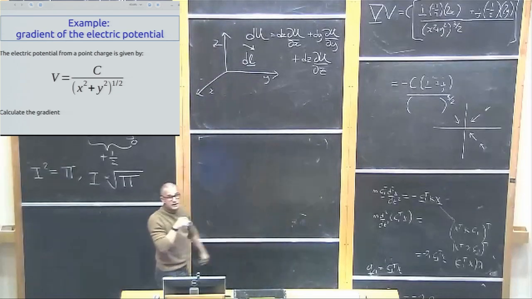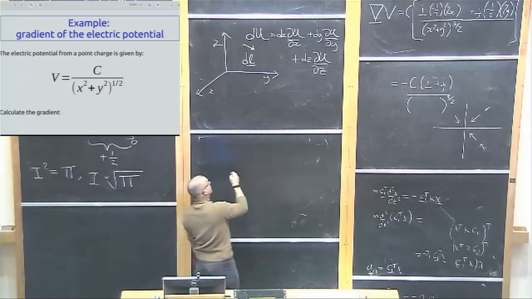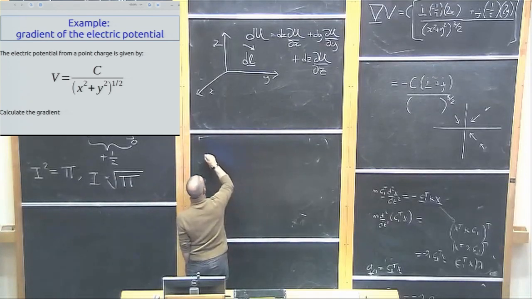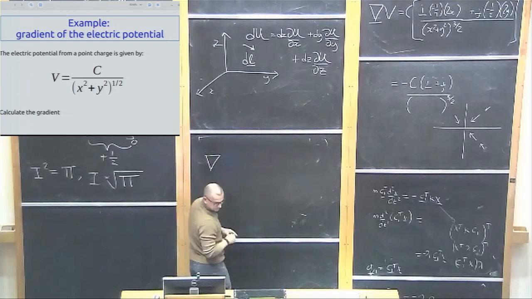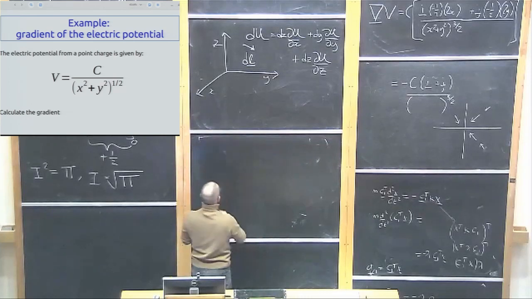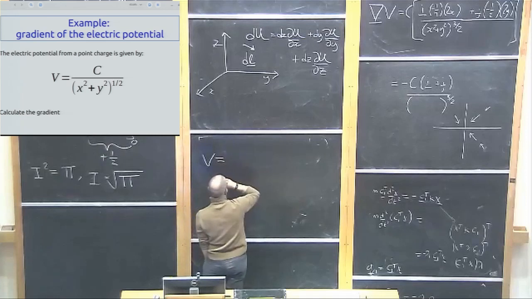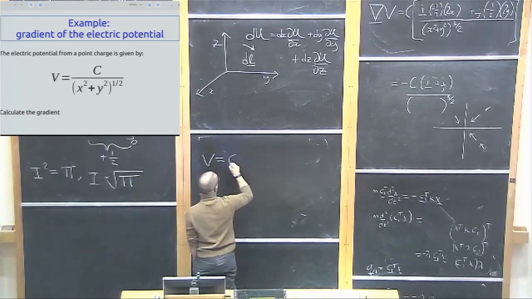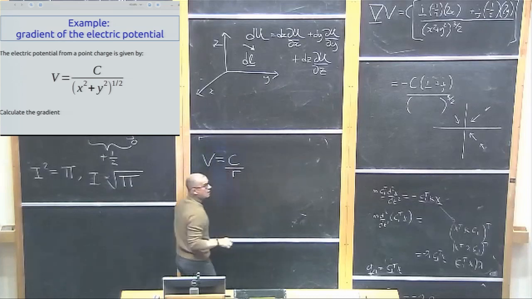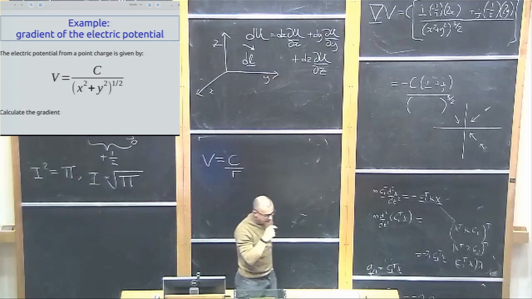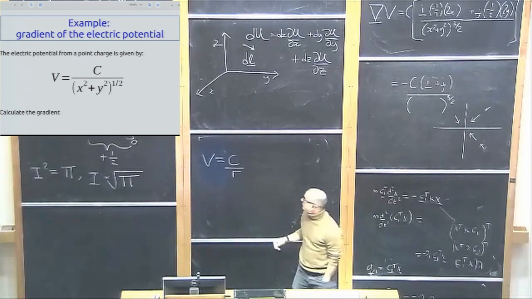Now, you can also more simply calculate the electric field by doing the following. You can say, okay, I'm going to represent the electric potential as some constant over R. If I then just differentiate with respect to R, I get the same answer.